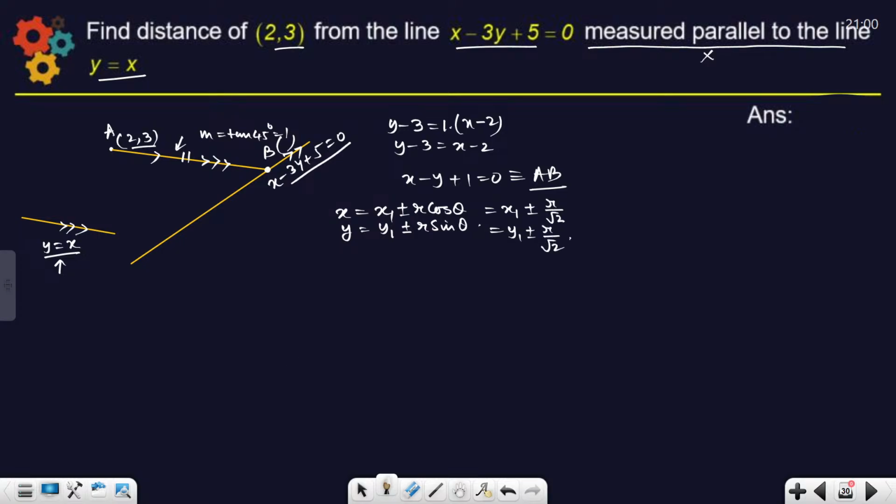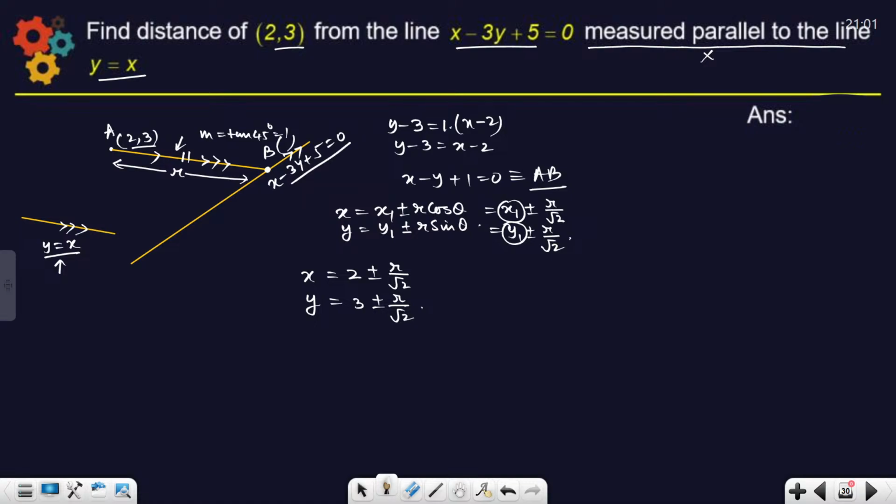Is it clear? So what will be the point B? Let us say this distance is r. And the fixed point x1, y1 is (2, 3). So simply put the values. x will be 2 plus minus r over root 2, and y equals 3 plus minus r over root 2.